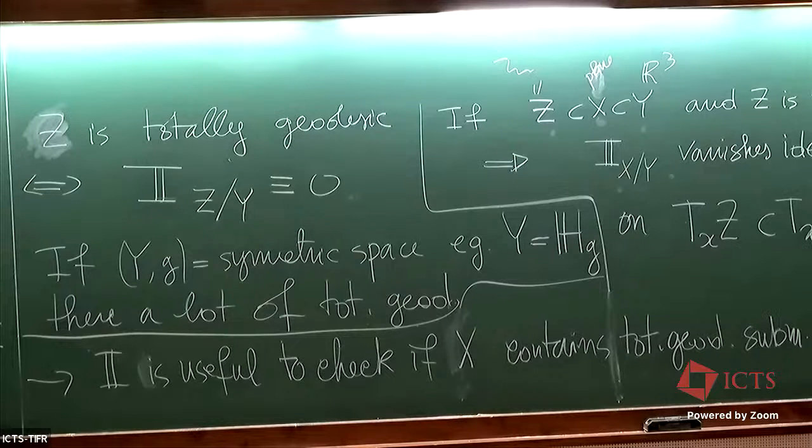In symmetric spaces, everything boils down to Lie algebras, and one can check with Lie algebras that there can be a lot of totally geodesic submanifolds. Although it is not at all easy to compute all of them. So it's definitely explicit, but it's not trivial.